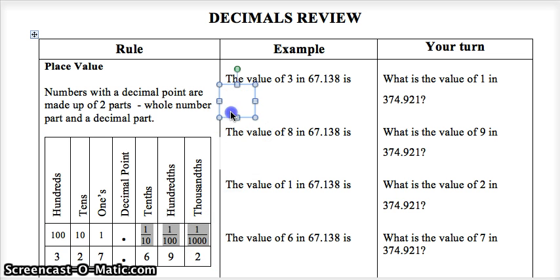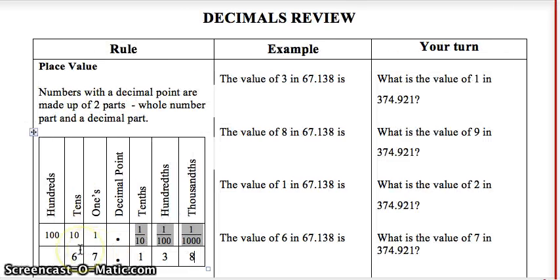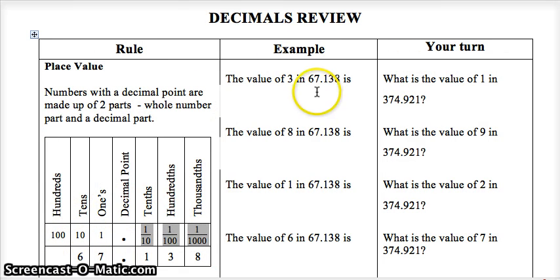Okay, the type of question that you might get might be something like this. What is the value of the 3 in 67.138? Now I'm going to come back down here and put my 67.138 down here. Now, obviously you won't always have a table like this that you can use, but if we look at this, we can see that the 6 is in the tens column because it's 60.